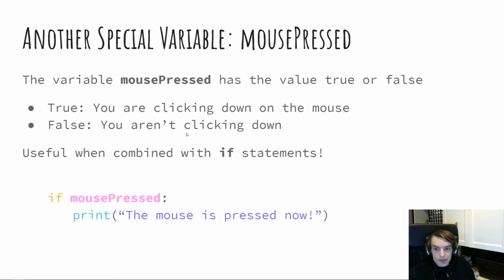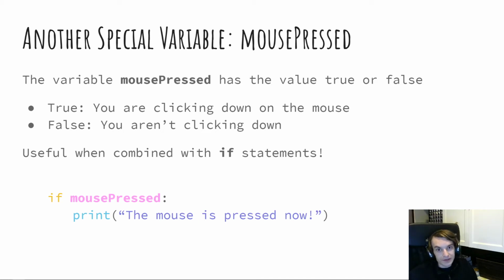There's one other special variable that we wanted to mention before we get too much further into this. It's a Boolean variable called mousePressed. If you recall, Boolean variables are either true or false. If you are currently pressing down on the mouse button, then the variable mousePressed is true.